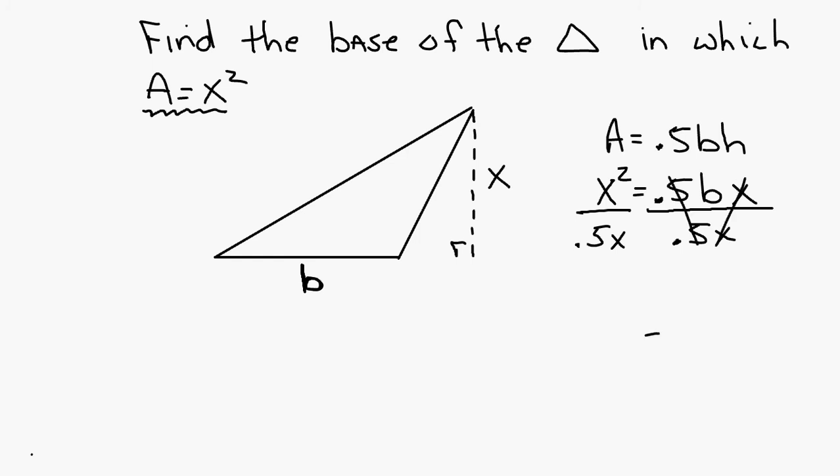So the base here is going to be equal to x squared divided by x is just x. And now there's a 1 in front of this x squared, isn't there? But it's not written, it's implied. So what's 1 divided by 0.5? It's 2. Good. So your base in this case is equal to 2x.